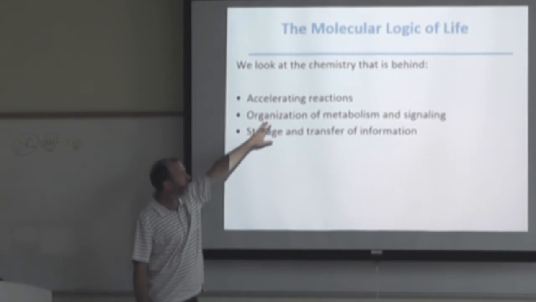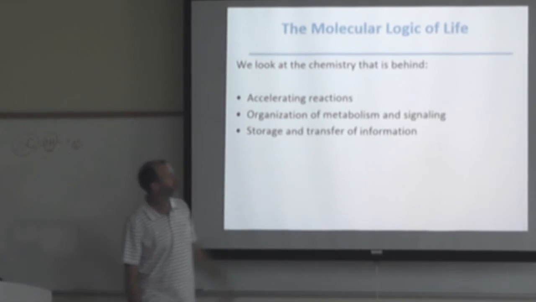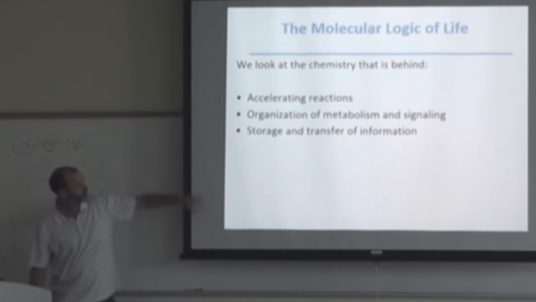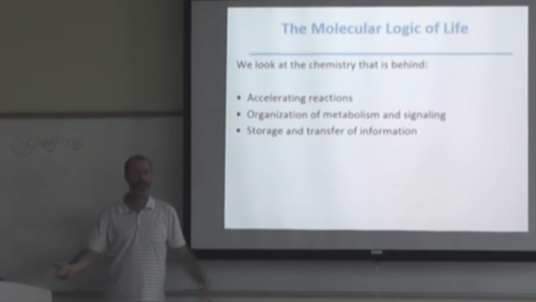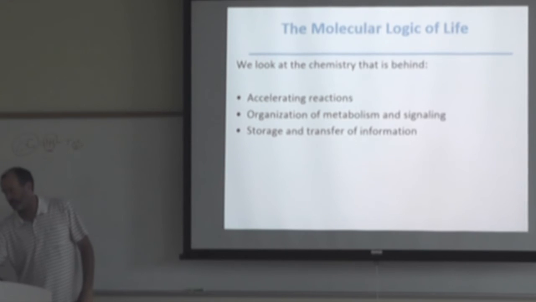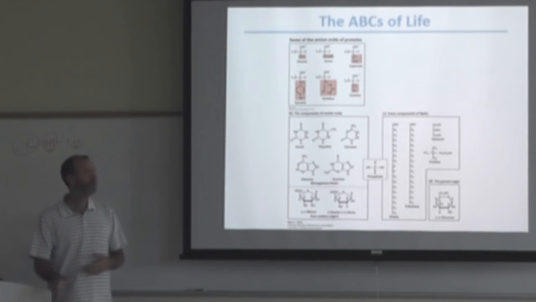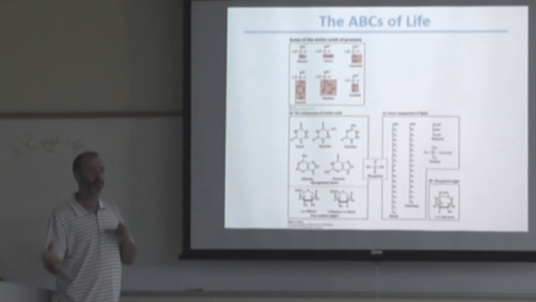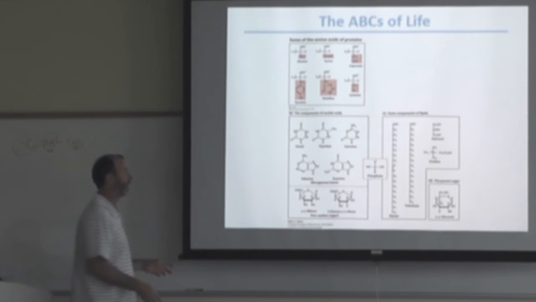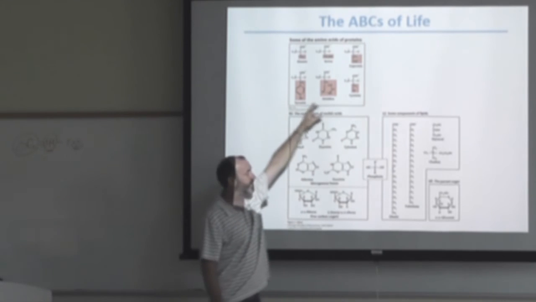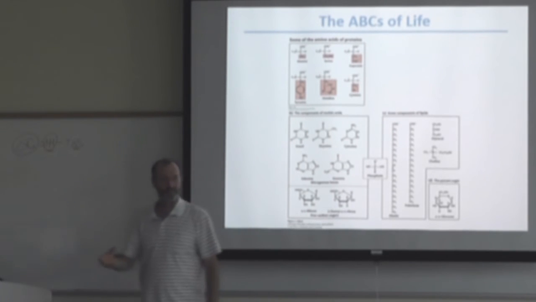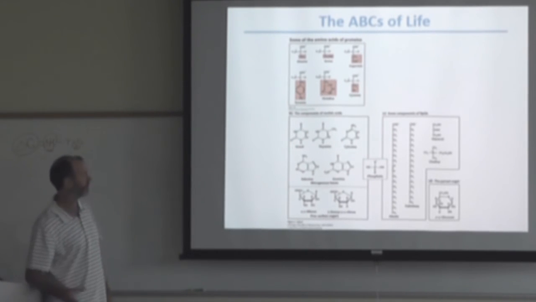So there's the organization of metabolism and signaling and storage and transfer of information. This we do via our nucleic acids. And these are the ABCs of life, meaning we have amino acids, and these are all incorporated into our proteins. The amino acid sequences of the proteins are what's going to give them structure and their function.